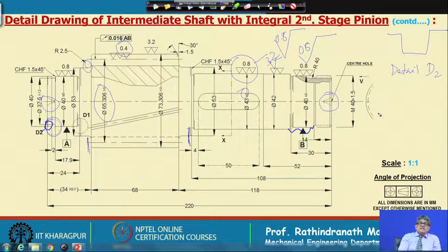So, if we consider this center with respect to this center, making a circle, there is some eccentricity, and that eccentricity value may be 0.016 millimeter.